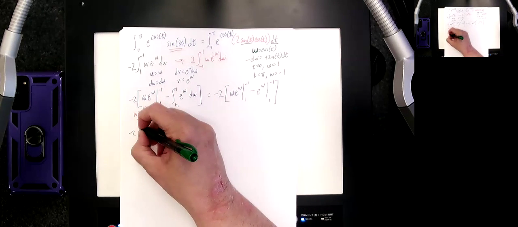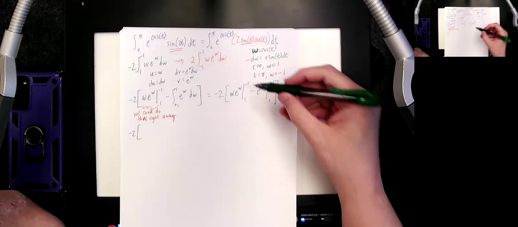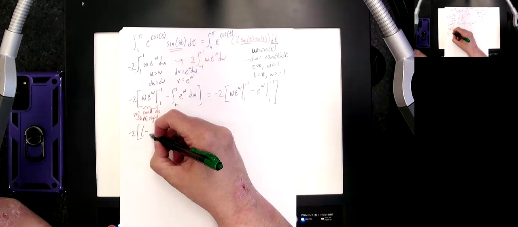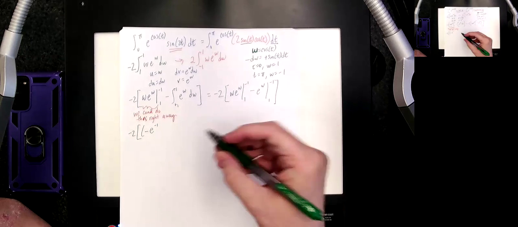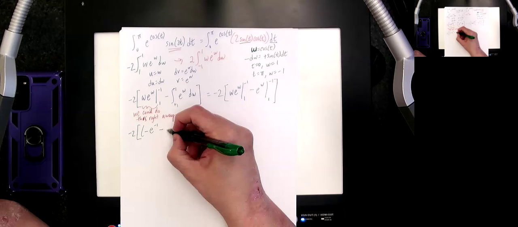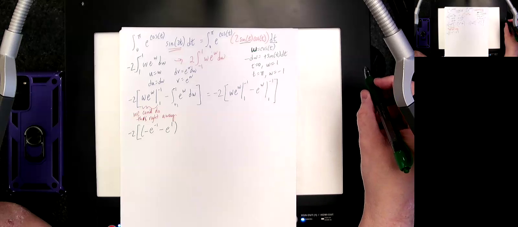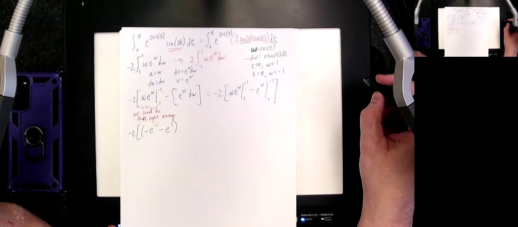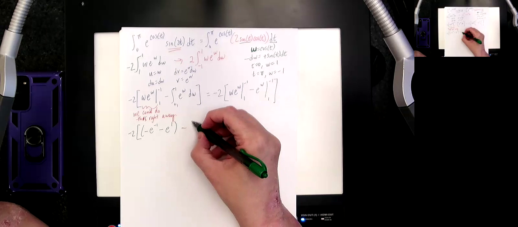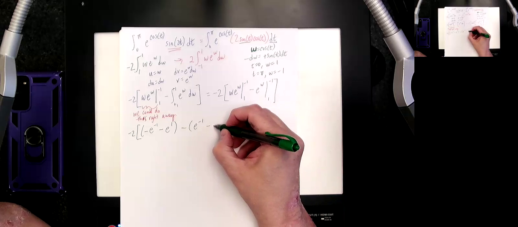We got -2 times, we'll do the upper one, -1 e to the -1 minus 1 e to the 1. And then I've got minus e to the -1 minus e to the 1.